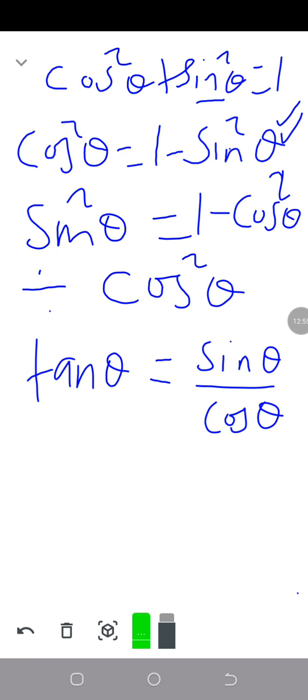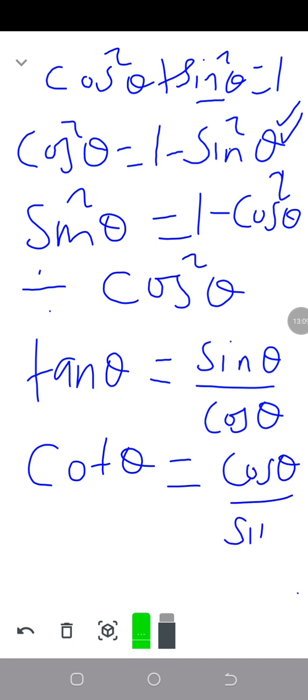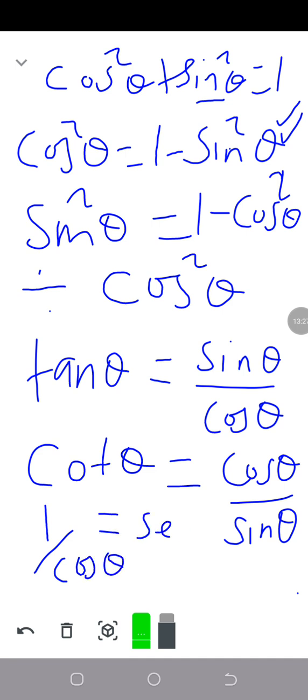And then we have also the ratio called cot of theta, which is the same as cos theta over sine theta. We also have 1 over cos theta, which is the same as sec theta.